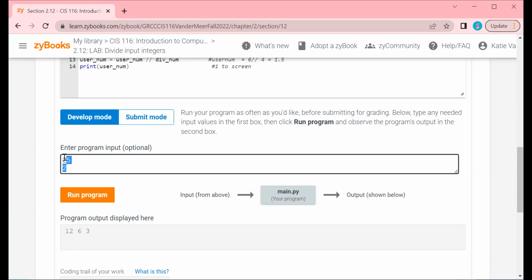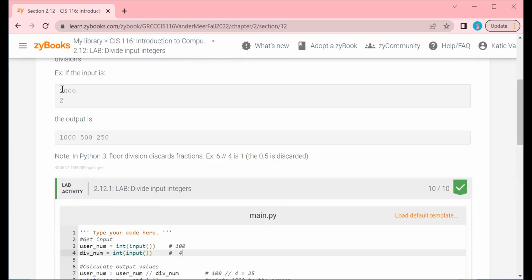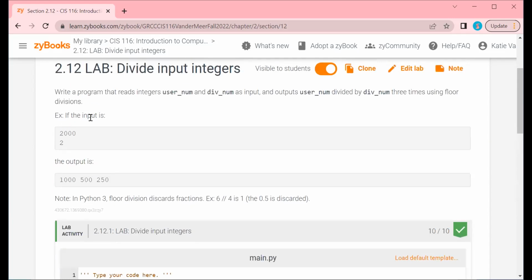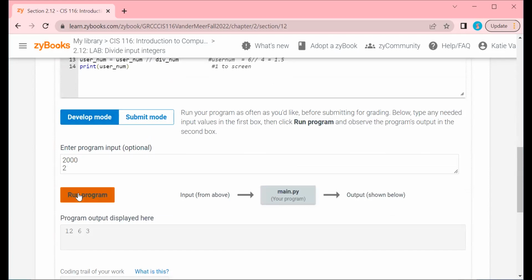Or I could run 2000 and 2, because up at the top, they'll always give you an example. They'll say, okay, if the input is 2000 and then 2, this is what your output should be. So that's where you could try those as options.